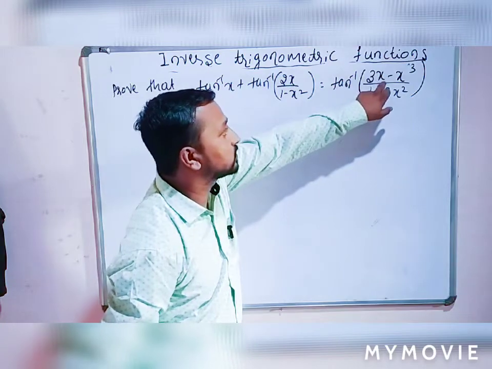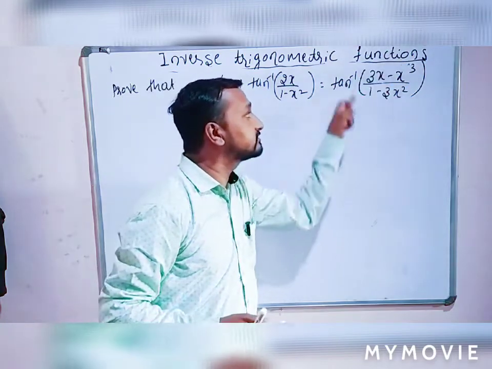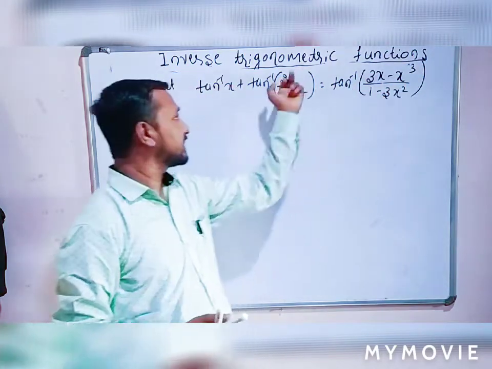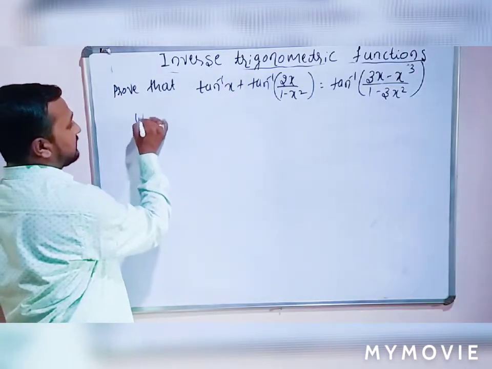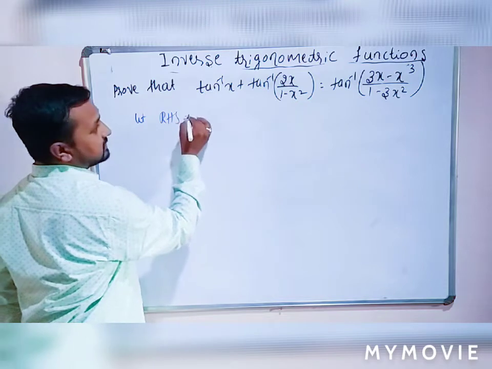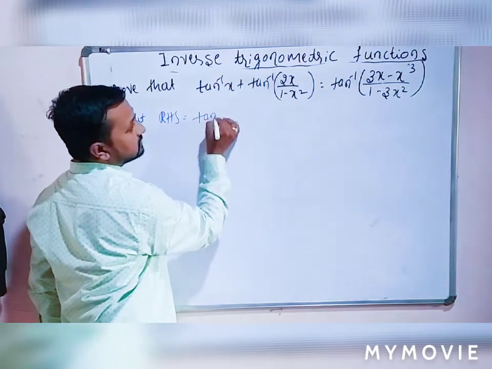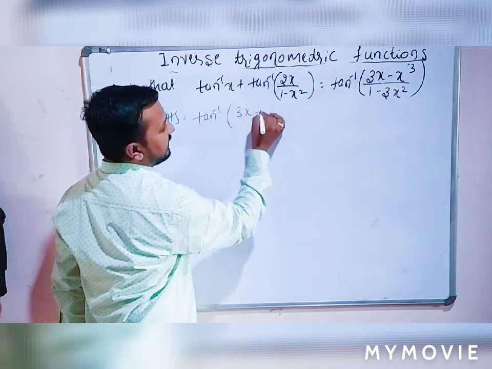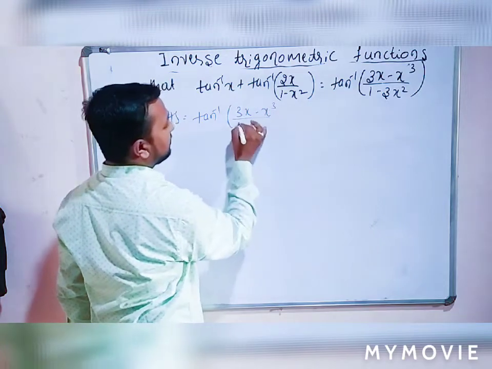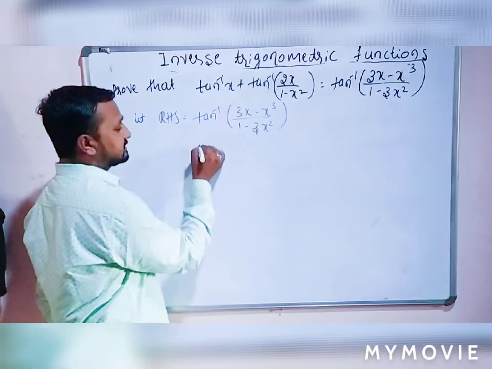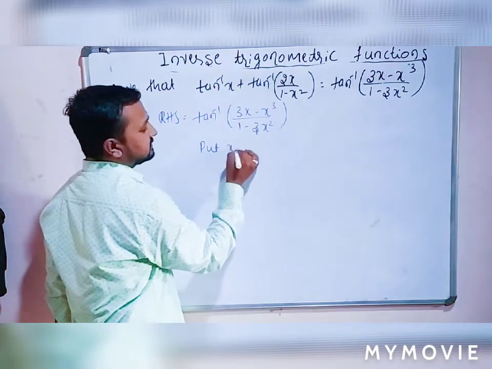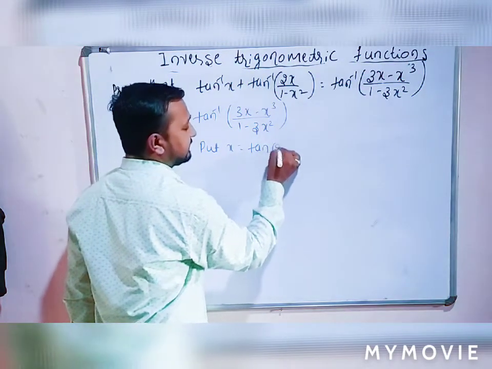In that, put x equal to tan theta. So this is the tan 3 theta formula. This is a very easy example. Let us take the RHS part: tan inverse of 3x minus x cube divided by 1 minus 3x square. Put x equal to tan theta.